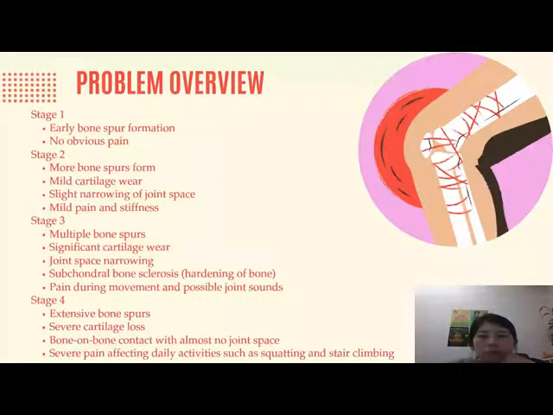You can have a look at this picture here.